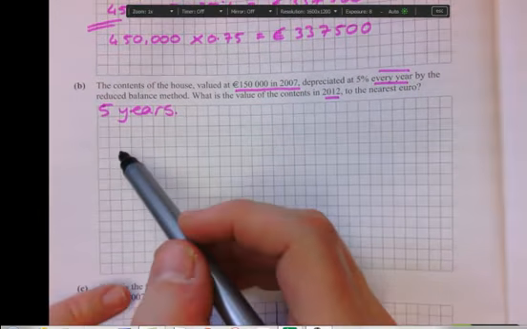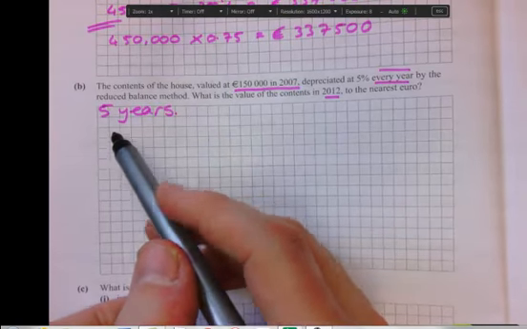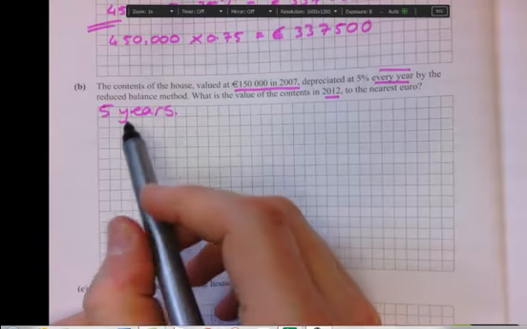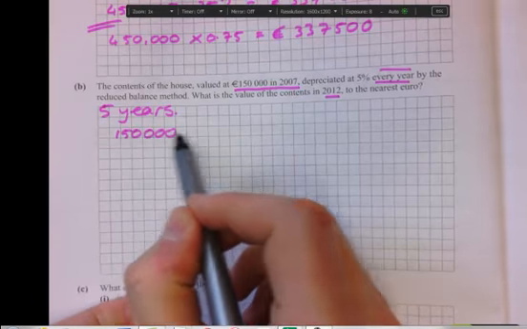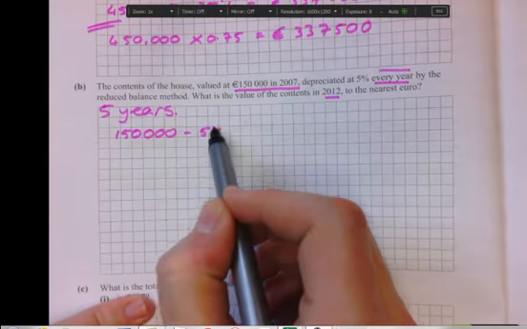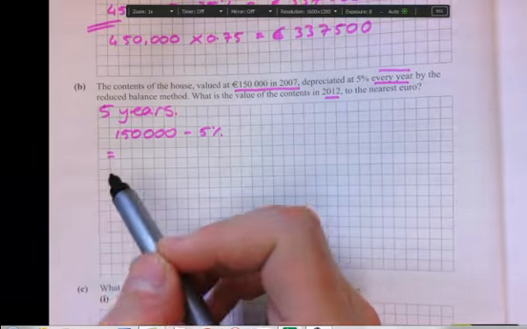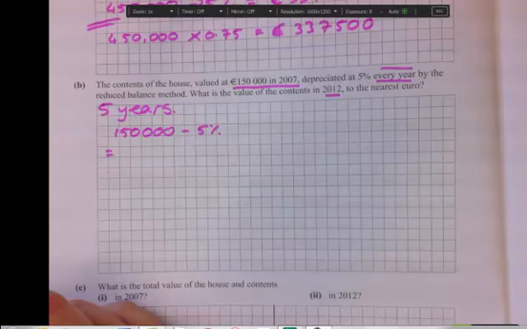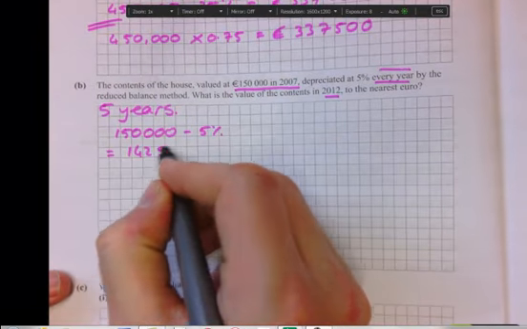So there are several ways that you can tackle a question like this. You can say 150,000, and you could take 5%. When you do that, you'll get 142,500.